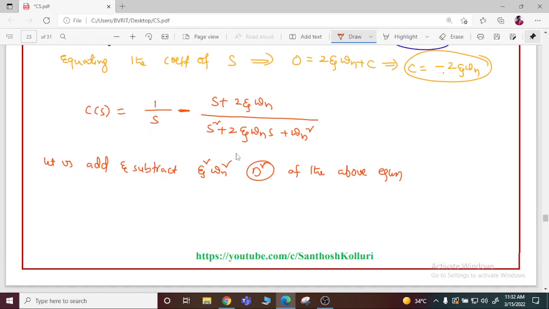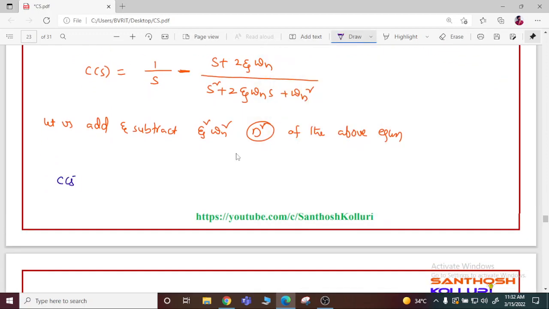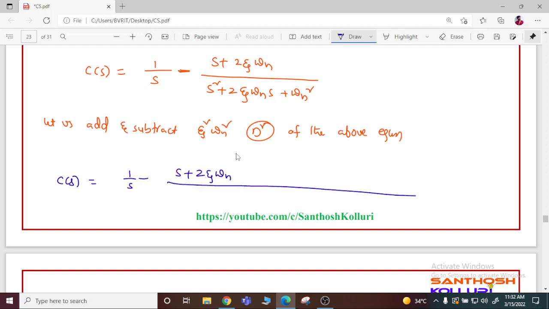So what happens? Let us see now. C of s will be 1 by s minus (s plus 2 zeta omega n) divided by s square plus 2 zeta omega n into s plus, adding and subtracting this value, zeta square omega n square minus zeta square omega n square plus omega n square.